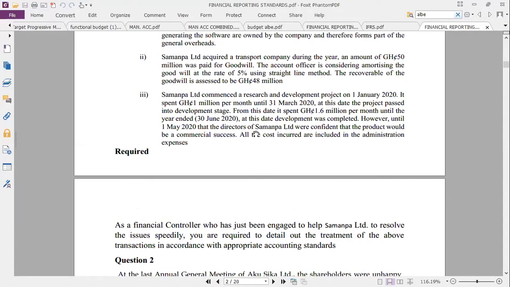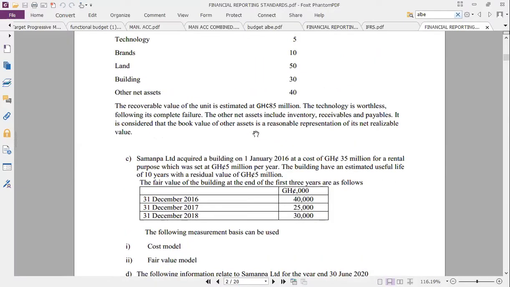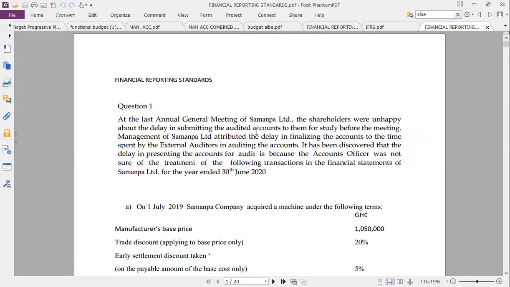So let's go to the question. At the last annual general meeting of Samampa Limited, the shareholders were unhappy about the delay in submitting the audited accounts for them to study.